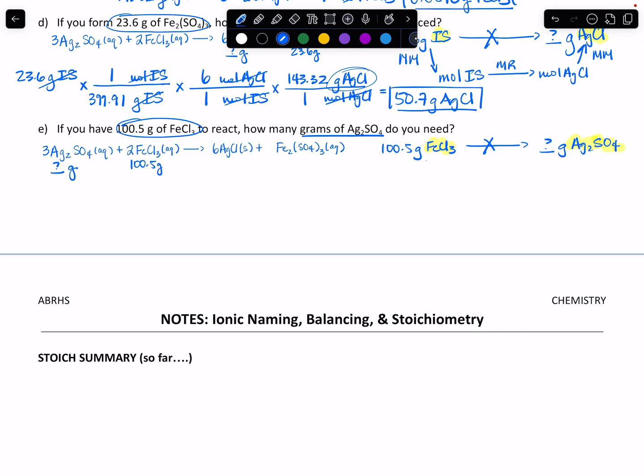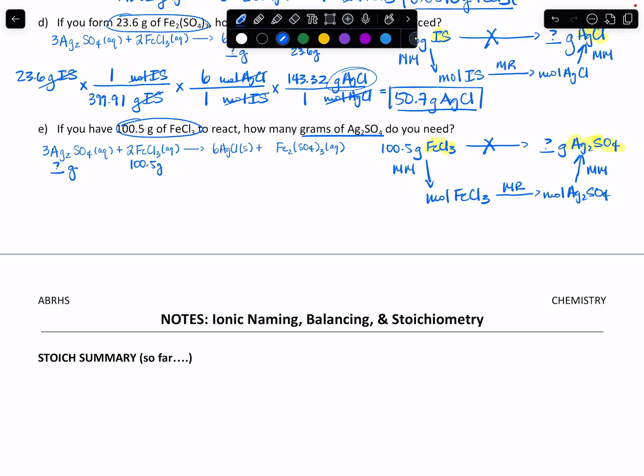Our first step is going to be to go to moles of FeCl3, and we do that with the molar mass of that substance. But we're still not quite there. We need to convert that into moles of Ag2SO4, and there's our mole ratio step. Once we convert it over to this other substance, then I can go to grams using the molar mass of silver sulfate. So again, it's going to be a three-step problem.